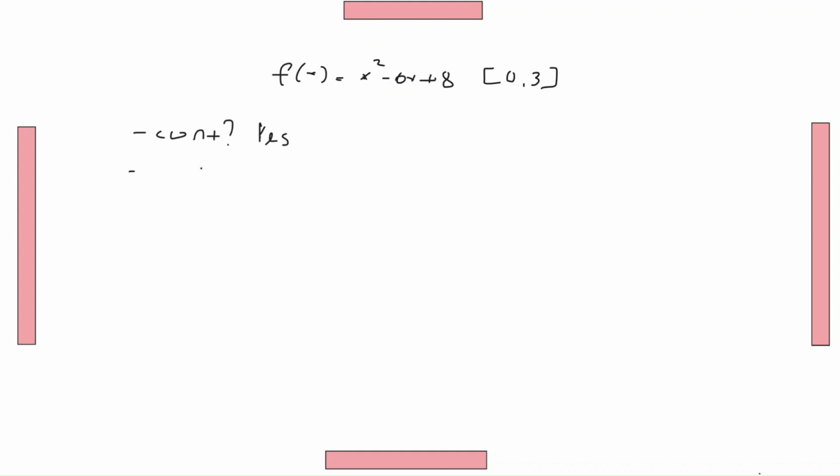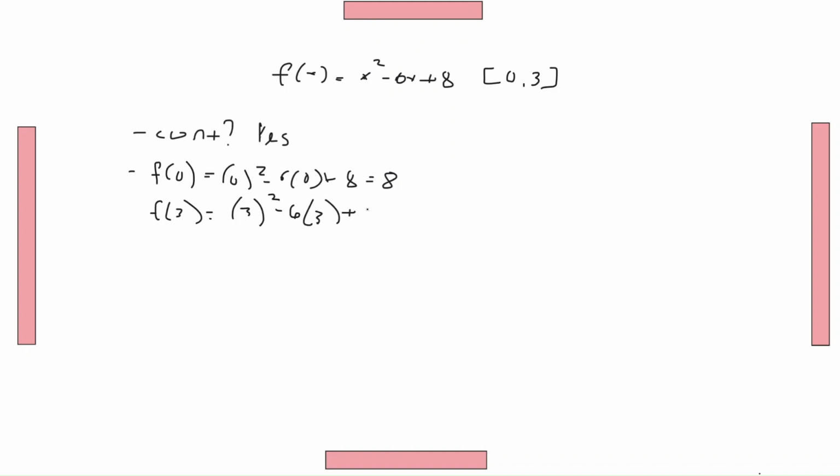Well, let's check. So f of 0 first would be equal to 0 squared minus 6 times 0 plus 8, and that would of course just give you 8. Okay, now let's try f of 3. So f of 3 would be 3 squared minus 6 times 3 plus 8.